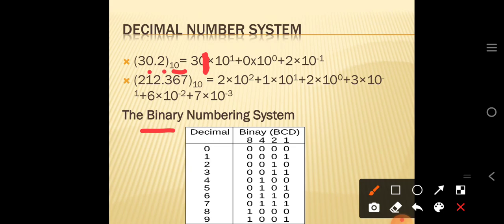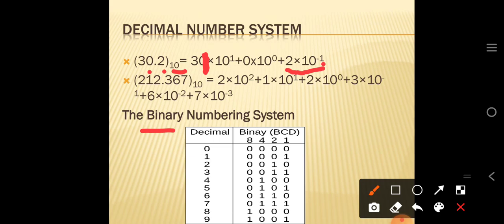Now after the decimal point, the next digit is 2. So 2 into 10 raised to the power -1, because after the decimal point the power goes on decreasing, and so on.